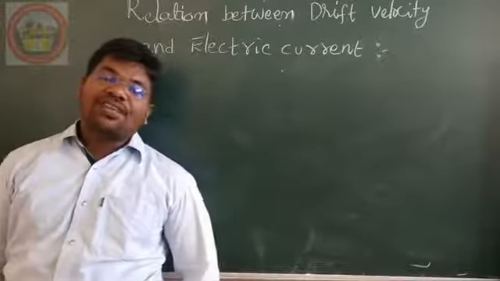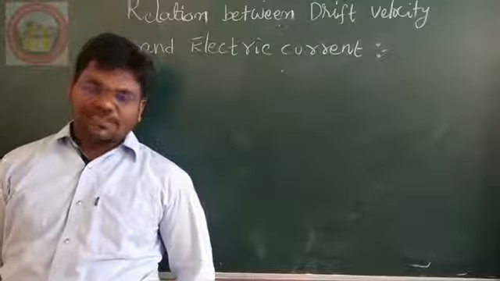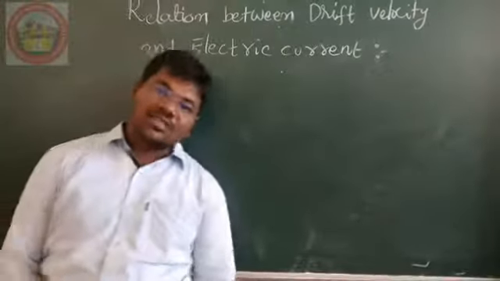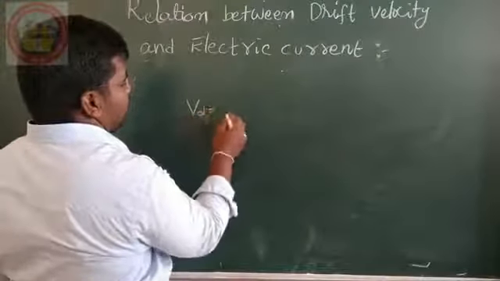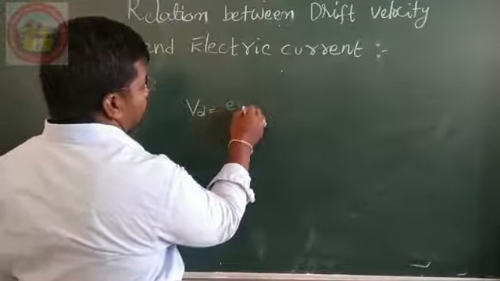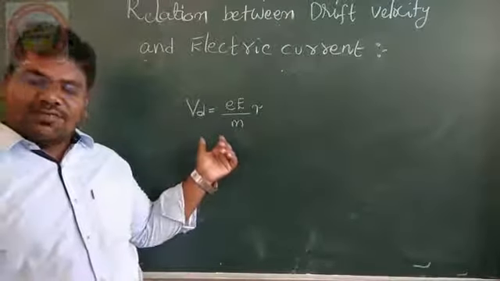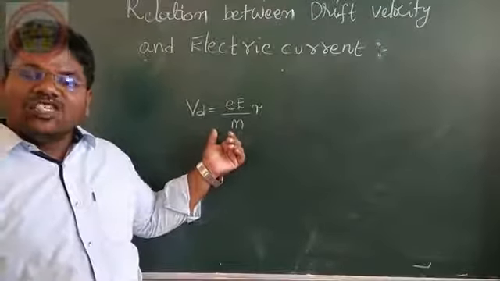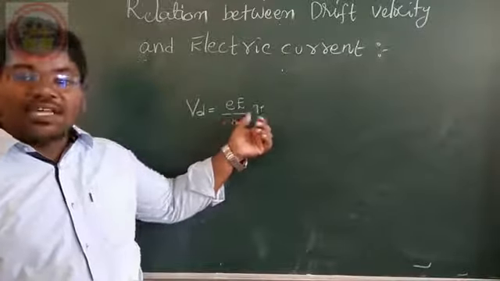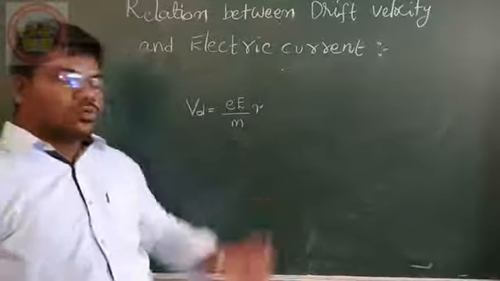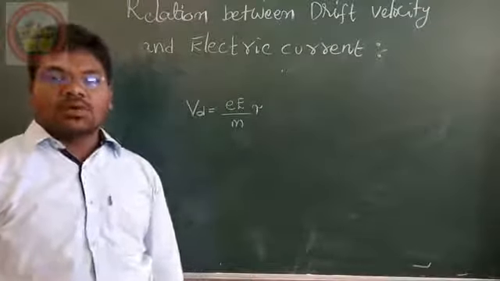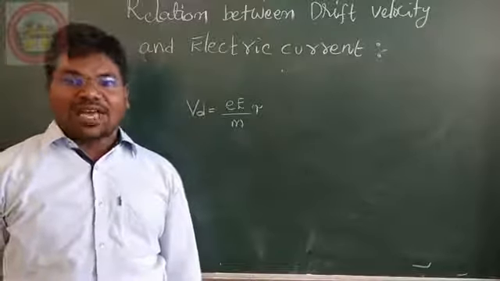According to the previous expression, drift velocity is equal to small e capital E divided by m into tau. Vd is drift velocity, e is charge of electron, E is electric field, m is mass of electron, and tau is relaxation time.